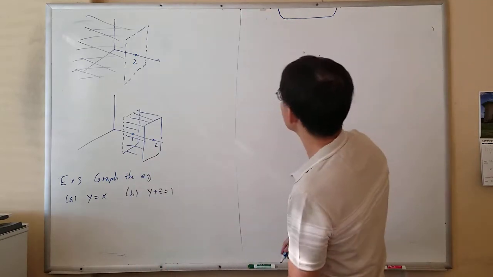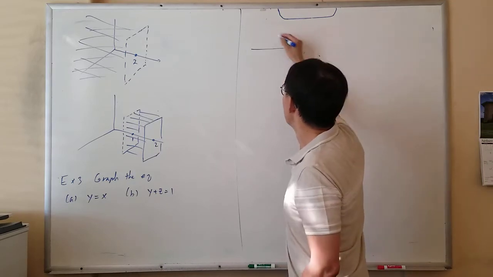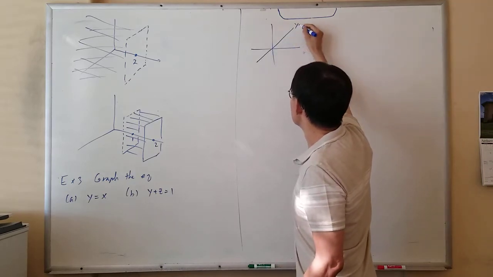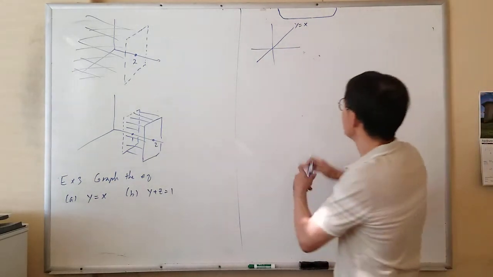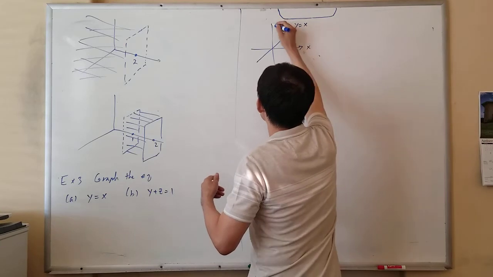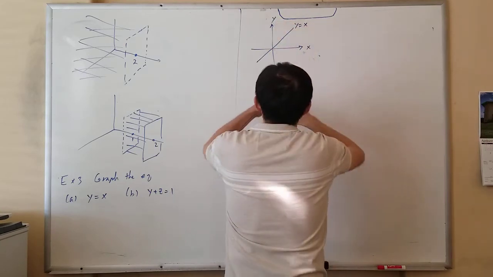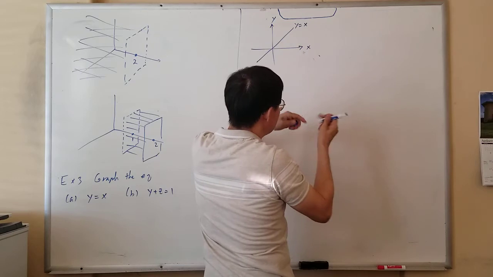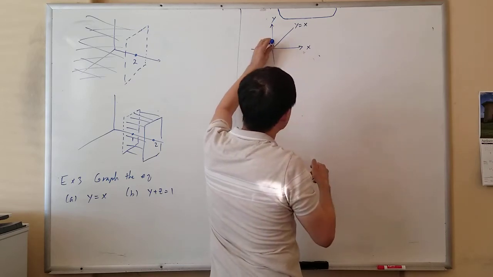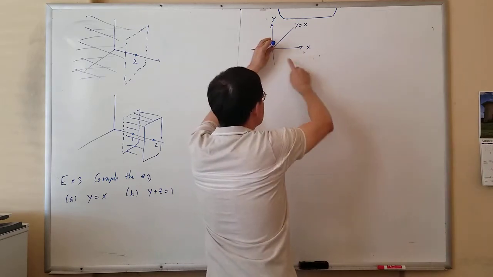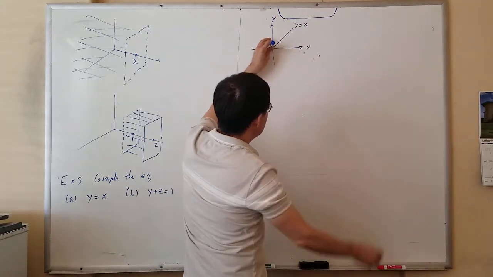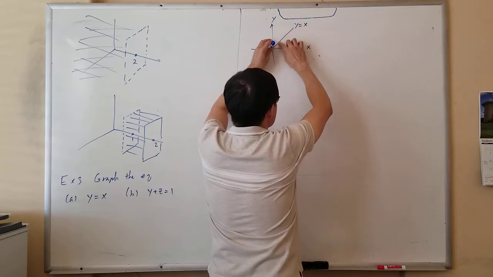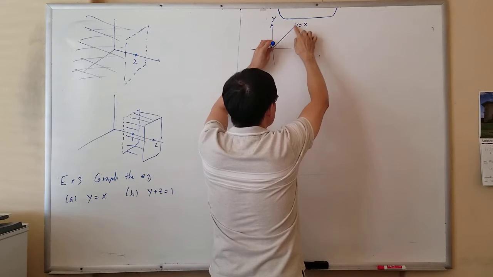Here. y equals x would have been this in the xy plane. But let's imagine that you have the z coordinate going up like this. So this is x, y, and positive z. Then any points on this are like (1, 1, 0), where the z coordinate is 0, (2, 2, 0), (3, 3, 0).